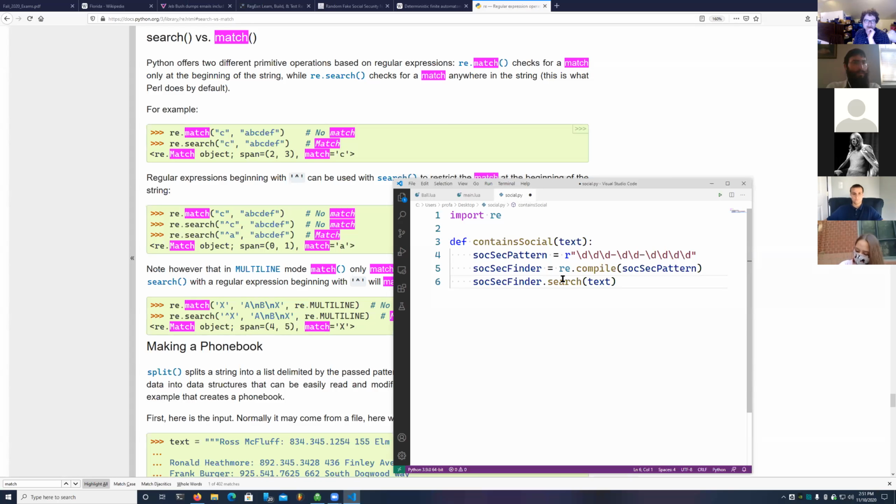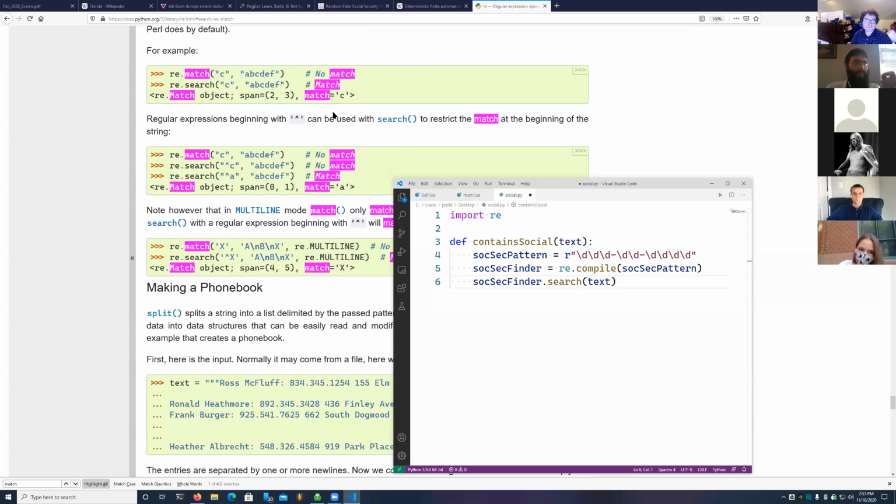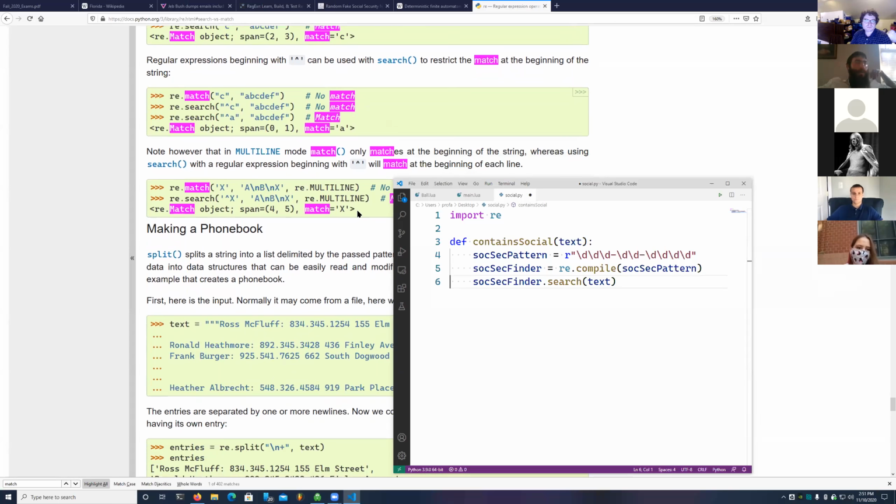Okay, let's go ahead and see match. I have to use regex a lot in different languages, so it's always a bummer to try to remember how it's done.